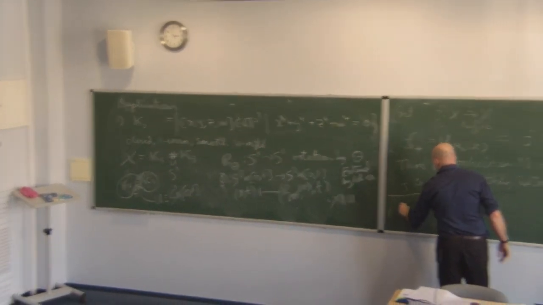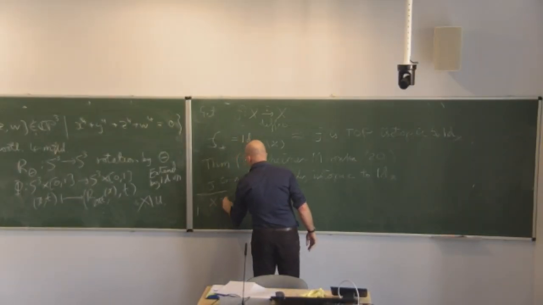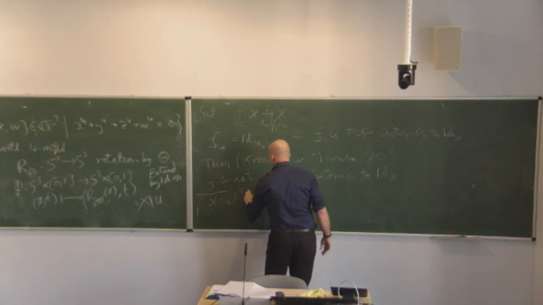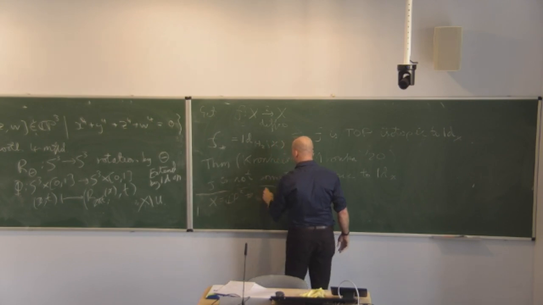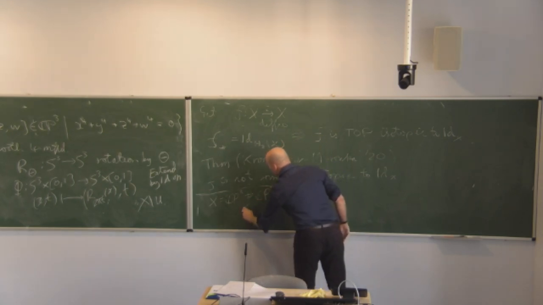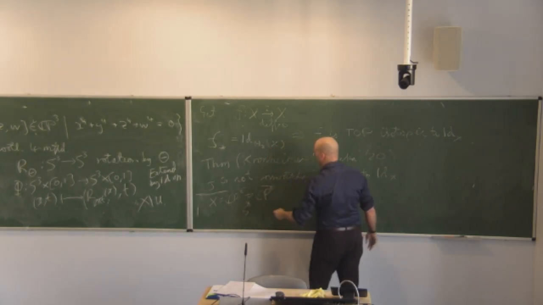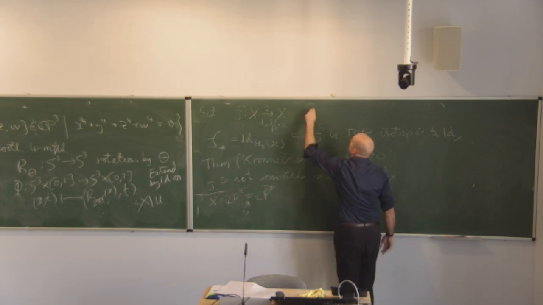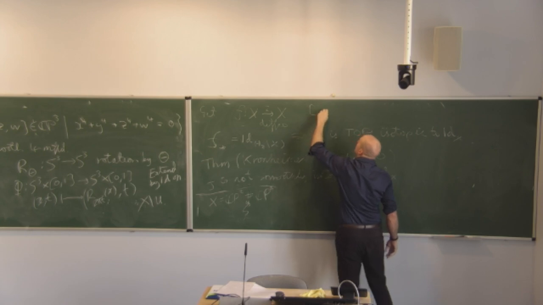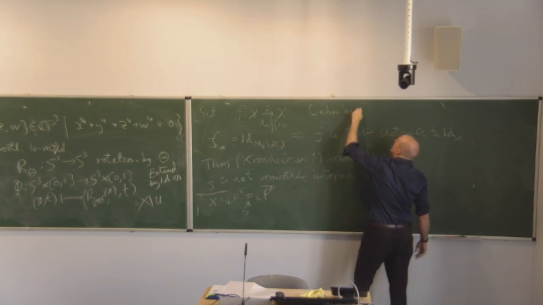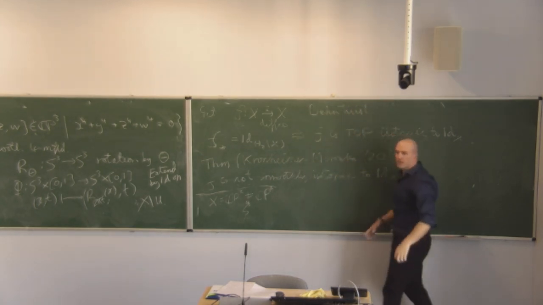Maybe just as a contrast, I could mention that if X is, let's do CP2 connect sum CP2. Although actually it only matters that one of the manifolds is CP2, and then I can do an analogous construction. I should say this is called a Dehn twist. It's completely analogous to the Dehn twist on circles in surfaces.